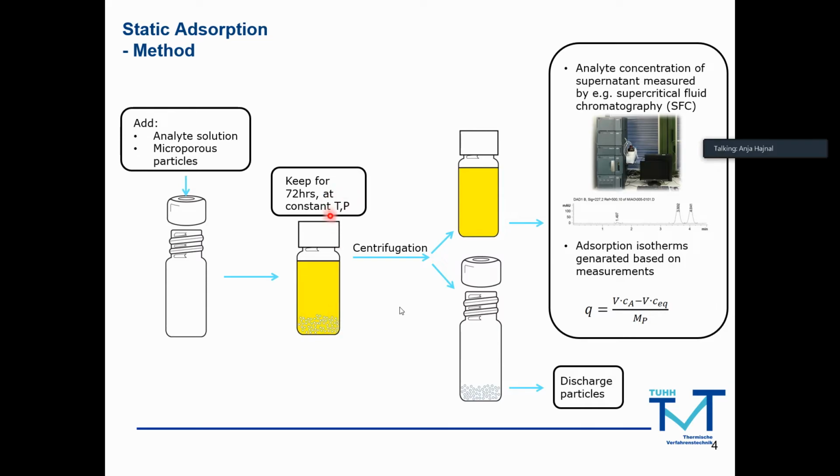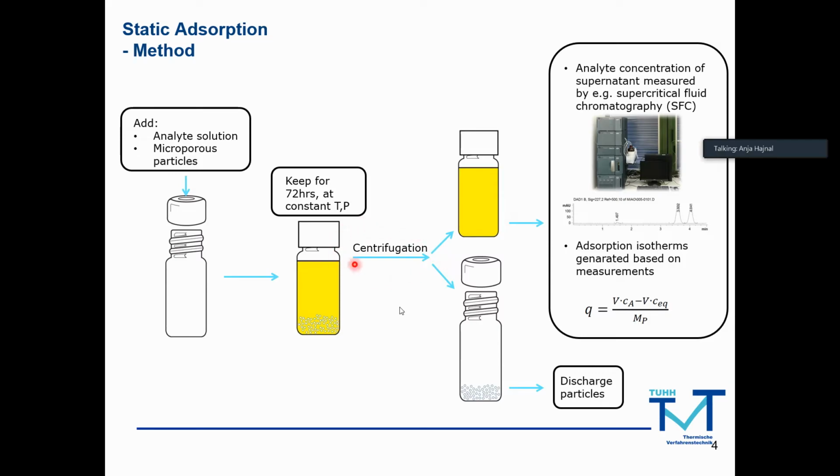We keep them at constant conditions, so these isotherms are always given at constant temperature and pressure. We keep them for a long time. Here as an example 72 hours is given, but we need to give them a long time to equilibrate.